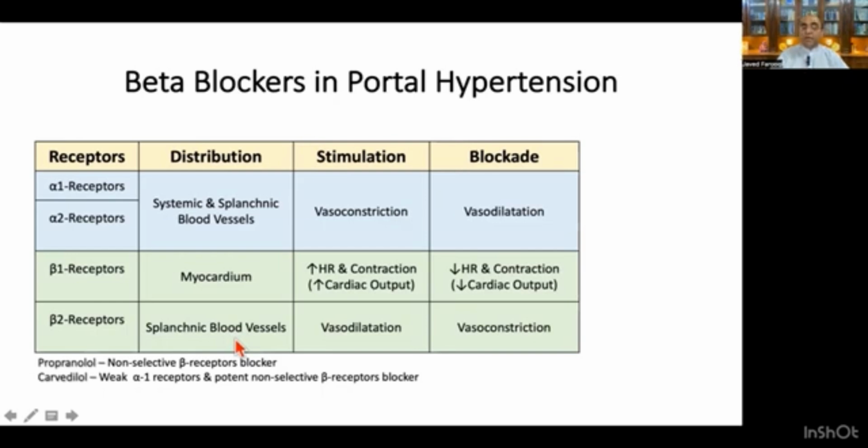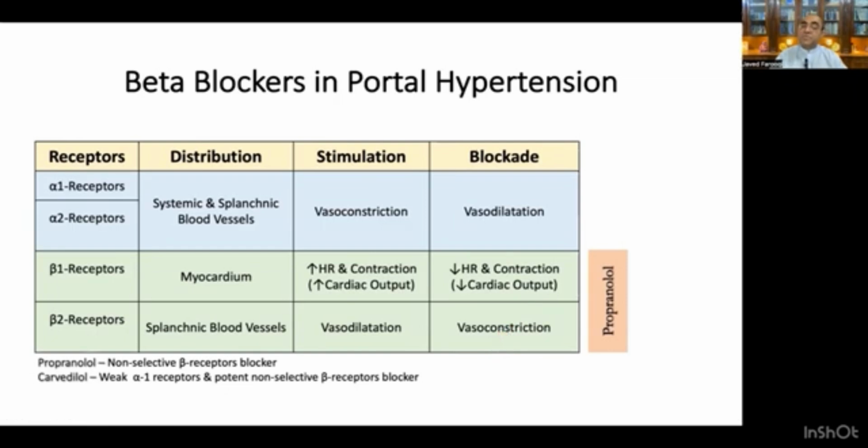So this is the way when we use propranolol or carvedilol. What do they do? When we give a patient propranolol, which is the non-selective beta 1, beta 2 receptor blocker, it will lead to decrease in the cardiac output. So the blood flow into the portal vein will be decreased, as well as by blocking the beta 2 receptors, it will lead to vasoconstriction in the splanchnic circulation, and because of that, the blood will be redistributed.